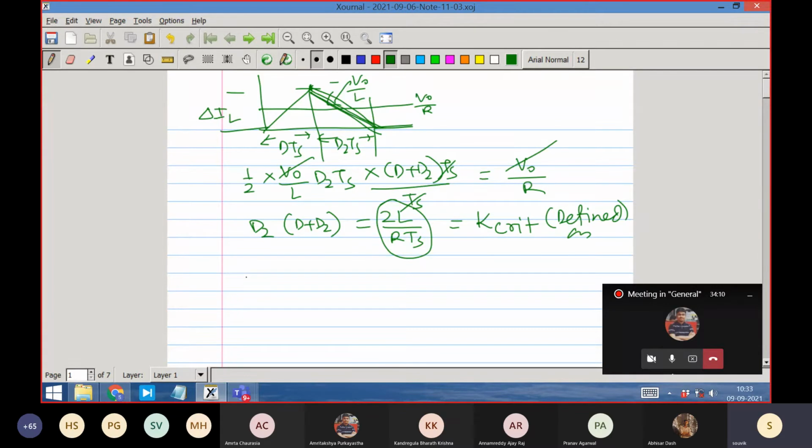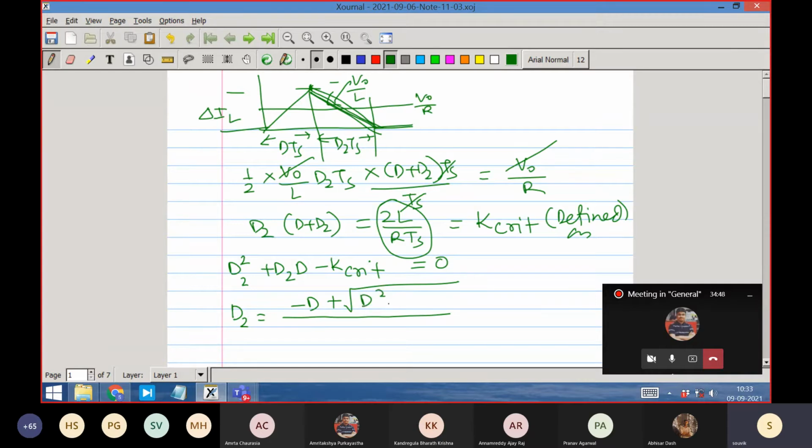So you see there is a second order equation, which is D2 square plus D2 D minus K crit equal to 0. In order to find D2, I have to use the quadratic formula. It must be plus, minus cannot be, because if I take minus, D2 becomes negative, which is not possible practically. So I am not taking the minus.